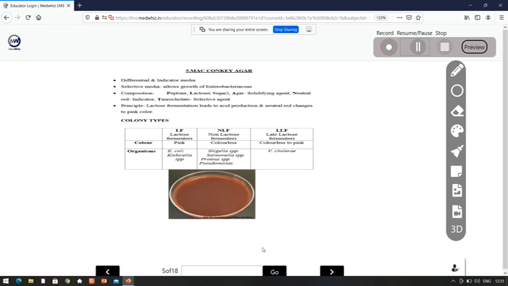Upon day two of further incubation, the colonies will turn pinkish in color. That category of microorganism we call late lactose fermenters. Among such late lactose fermenters, we have Vibrio cholerae. Based on the clinical history, you need to further incubate these NLF colonies to demonstrate late lactose fermentation.